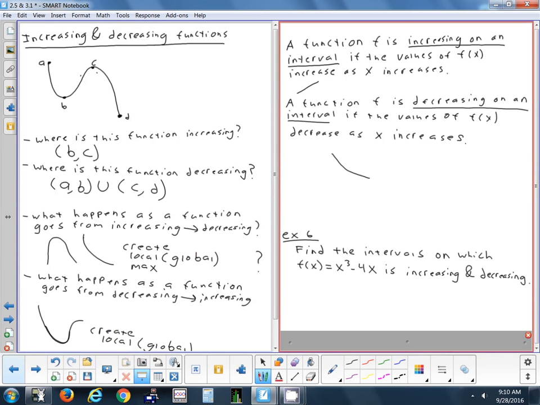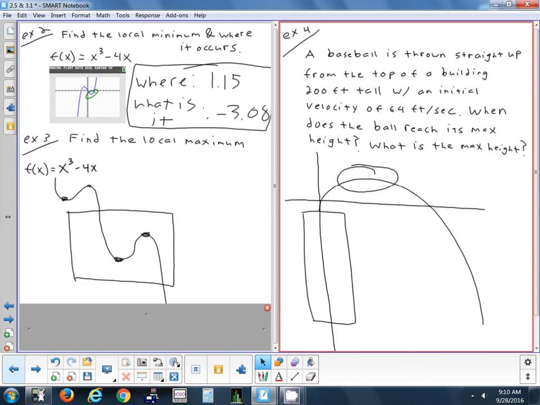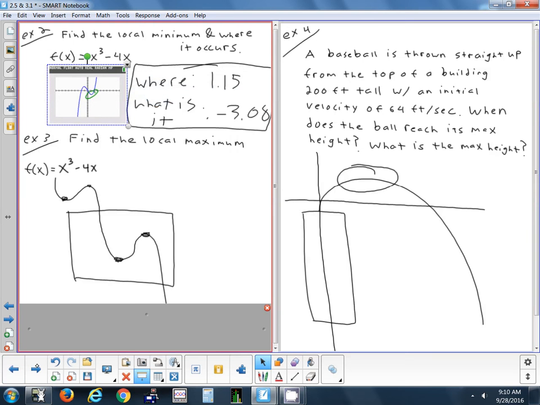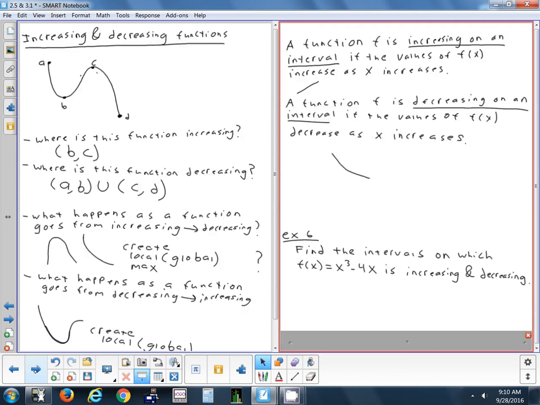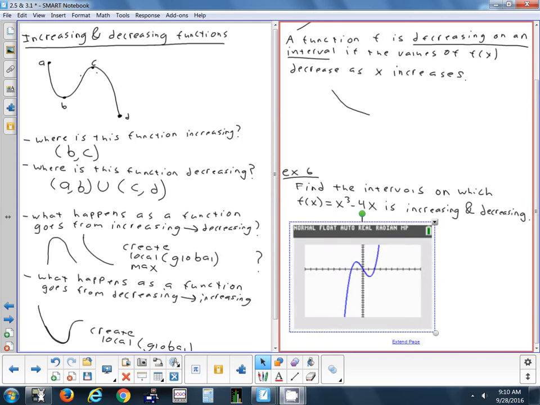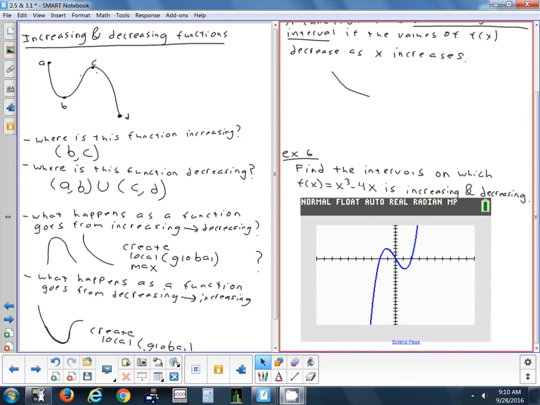Okay, actually that's the same problem we already did before. Find where that function is increasing and decreasing. Okay, it looks something like this, let me just copy it. Put it over here. I want to figure out where that function is increasing and decreasing. I've got to find the local mins and maxes.